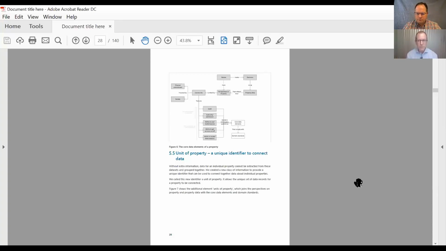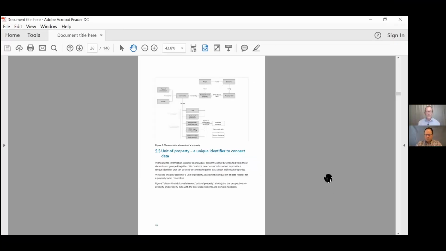To that person at that time doing that particular task or role, that view of a property was entirely valid. So our conclusion was there is no single definition of a property that will work all the time. That got us thinking that there has to be a way we can start describing this, because we need to be able to translate what a property is into digital data so we can use it in our systems.